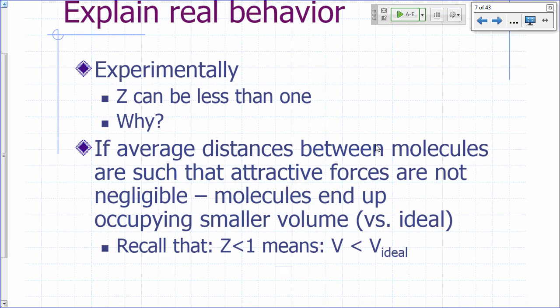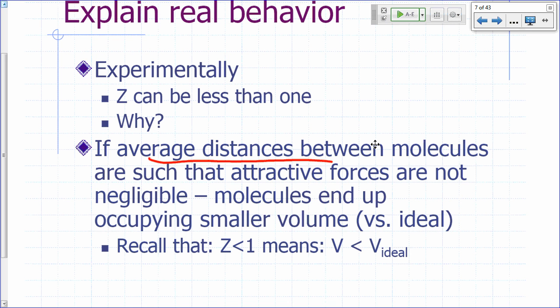All right. So experimentally, Z can be less than 1. Why? Well, when the average distance between molecules is such that the attractive forces are no longer negligible, so if that person is close enough so you can now see how gorgeous that person is, then you start occupying a smaller volume.